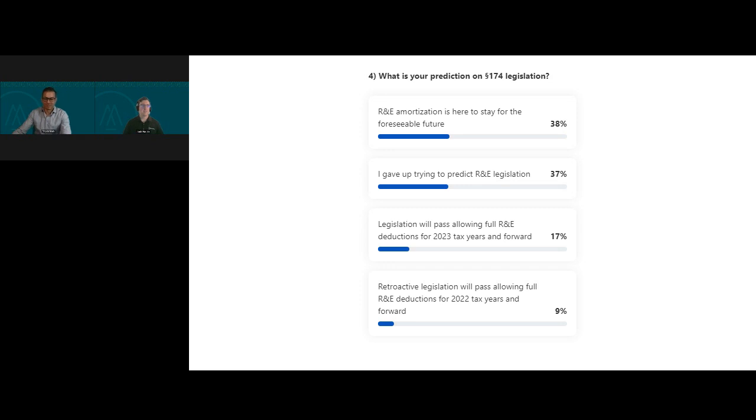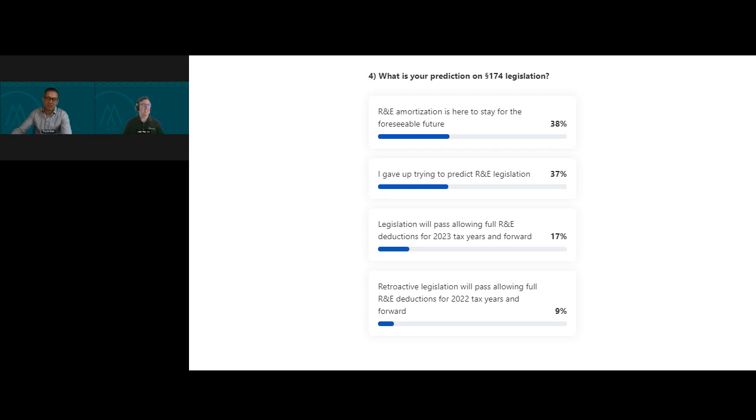It's an interesting mix. I myself am probably in the, I gave up trying to predict what's going to happen, or having 15 to 50 different options that weren't listed here as what the potential outcome might be. Travis, any thoughts on the results here? I think my answer would be D as well.